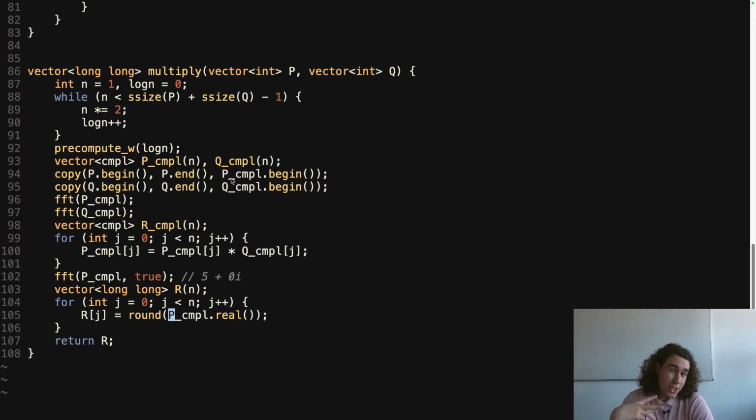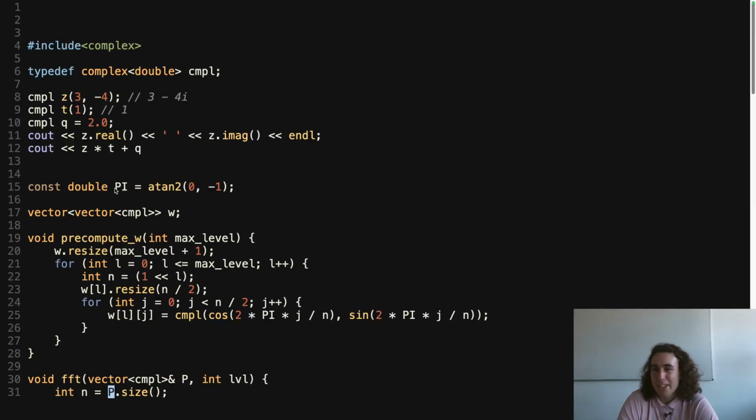To do that, we're just going to use our own complex numbers, because the implemented C++ complex numbers are great, but they're just a little bit slow. If you implement them on your own, it's going to be better.